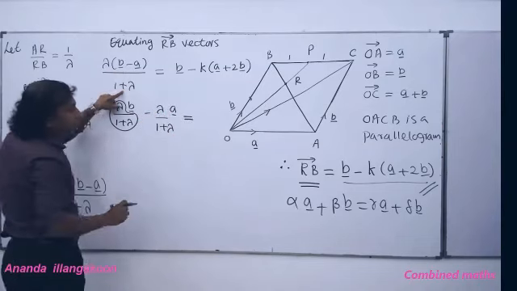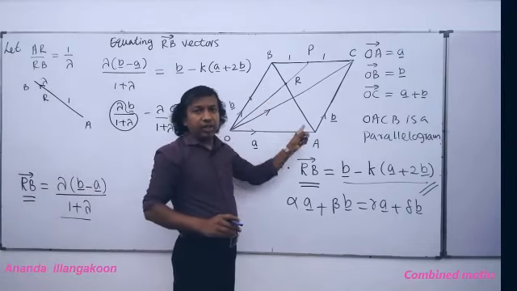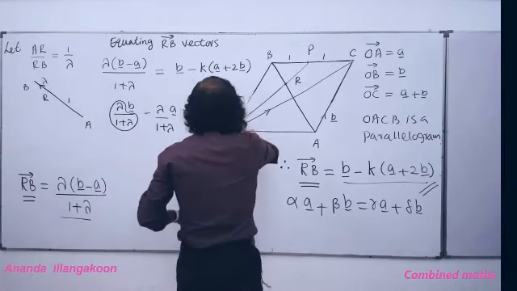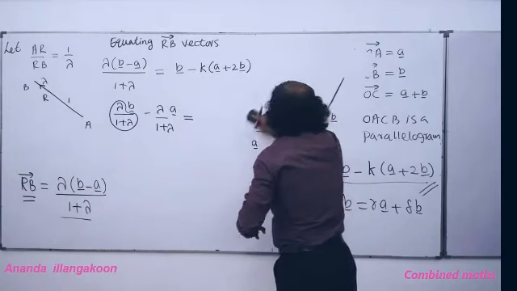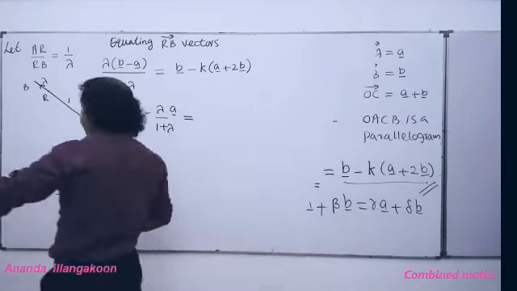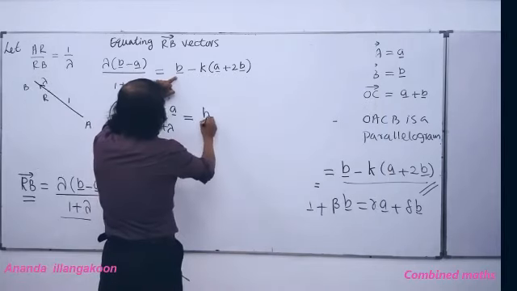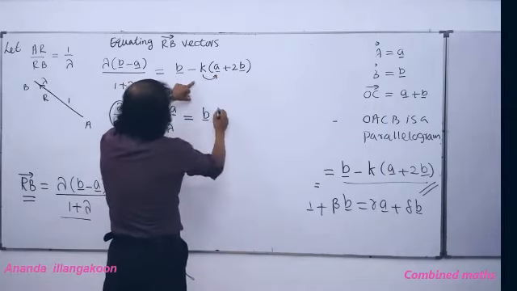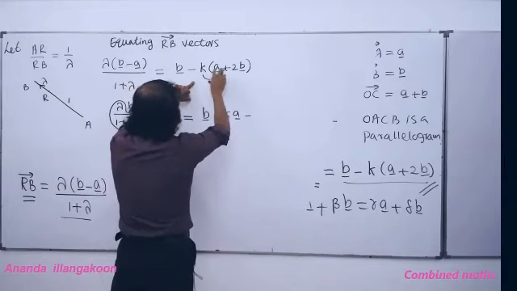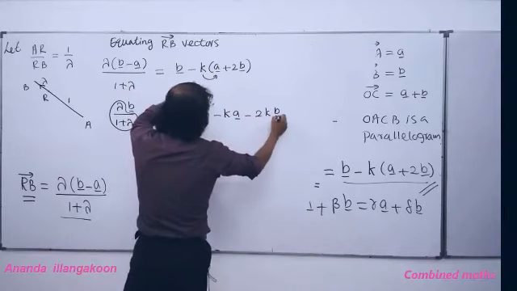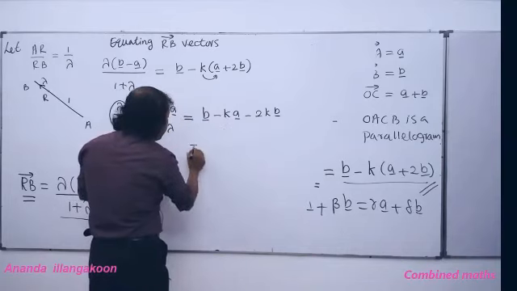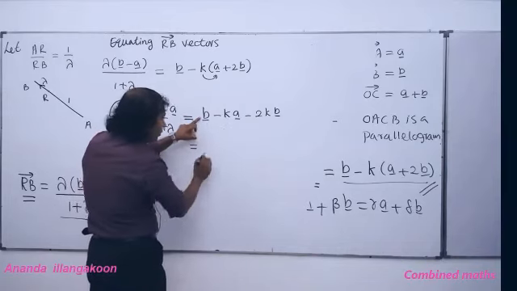Now on the right hand side. Now I erase this. No longer do we need this diagram. B minus k times a minus 2kb. This b and this b we take together. This b has a coefficient 1.